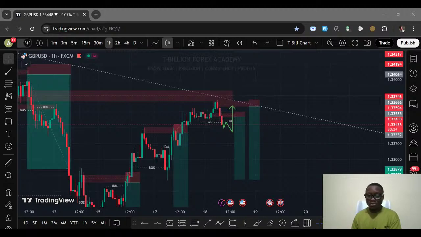No matter how valid your order block or breaker block zones are, if they're not aligned with the higher time frame directional bias or the prevailing trend, those zones will be invalidated. That is why it is recommended you take trades in the direction of the prevailing trend. So the lessons for today: your directional bias, then market structure, your key order block and breaker block zones, and finally your entries.